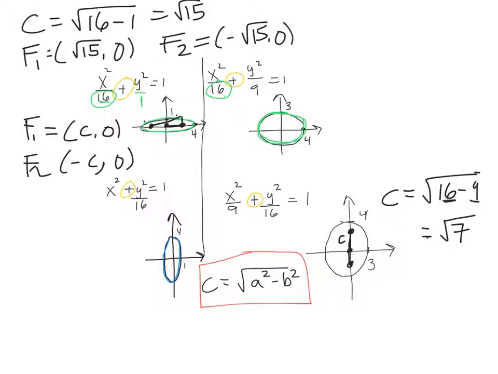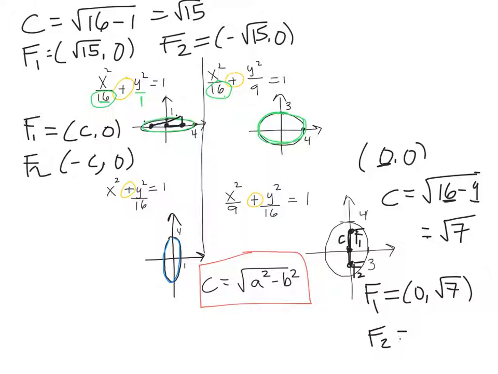So since the center was at 0, 0, the x value doesn't change, so for the first foci, from the center we don't go over at all. We just still stay at 0 for x, but we go up c, so that's the square root of 7. And this is foci 1, and then this is the second one. We stay the same place for x, and then we go down that value of square root of 7.